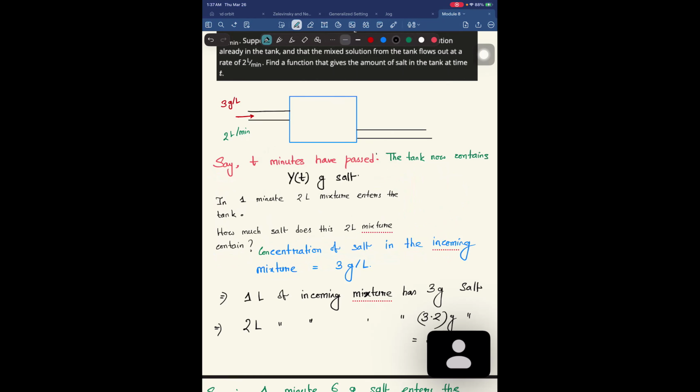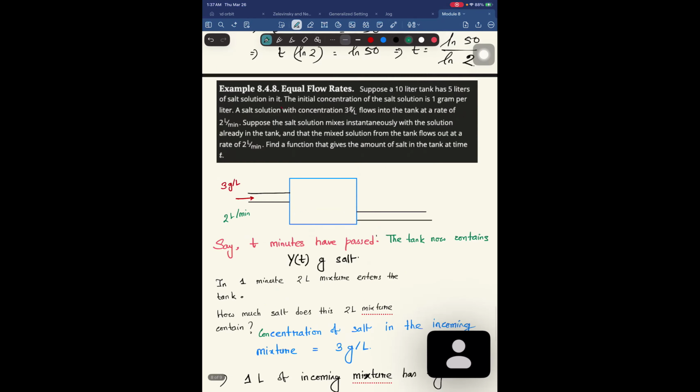Why? See, mixture is coming in as well as the mixture is leaving, right? So the amount of salt inside the tank is never constant, right?